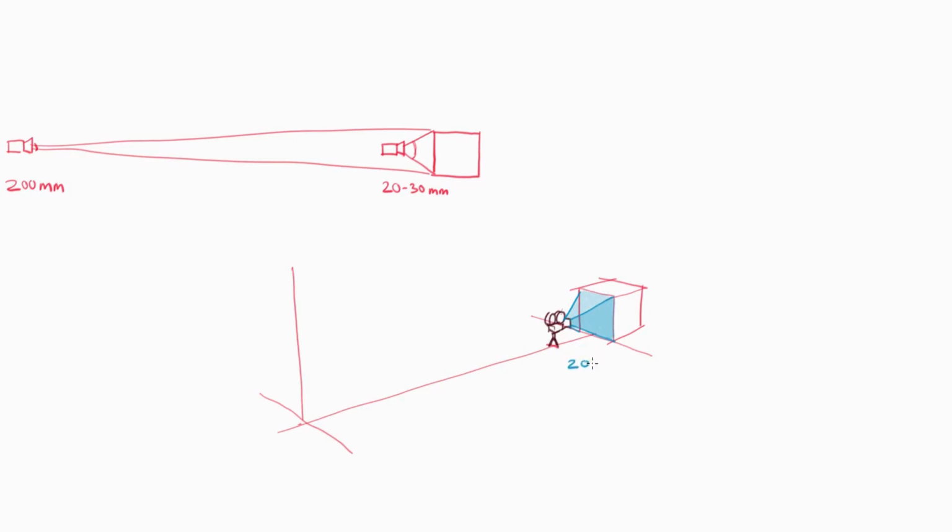We'll again place our long lens camera further back. You can see how much shallower the angles are from the lens to each vertice.